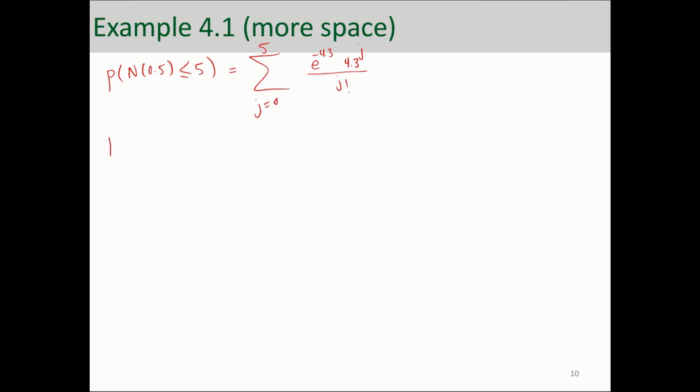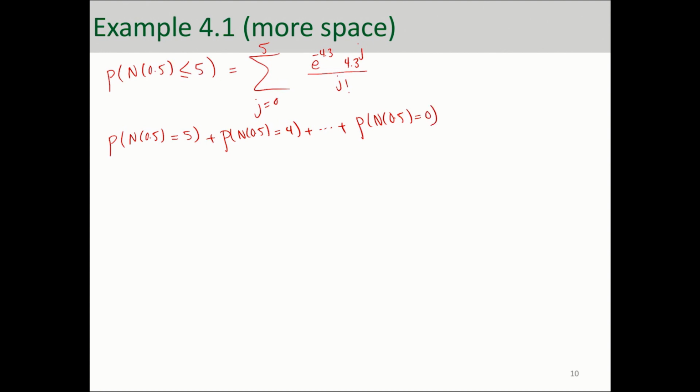Essentially what you're doing here is saying I'm going to add the probability that N of 0.5 is equal to 5, plus N of 0.5 is equal to 4, all the way to N of 0.5 is equal to 0.